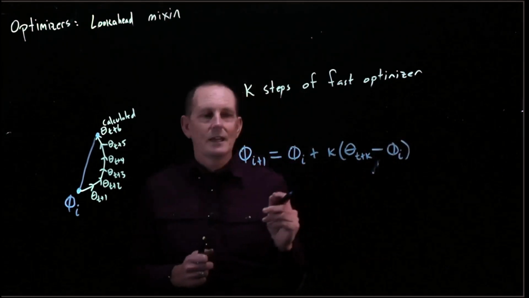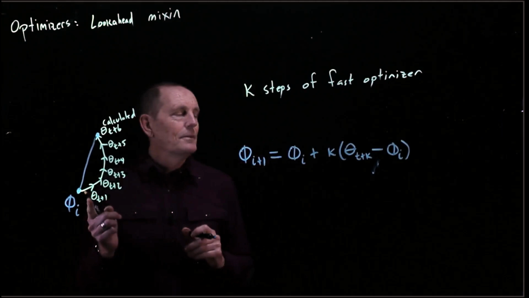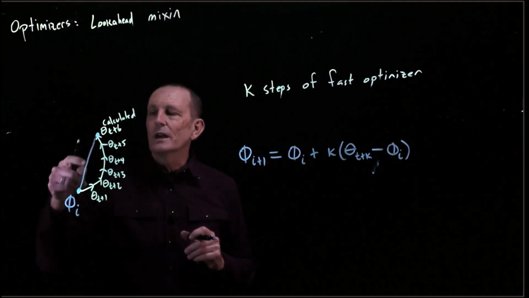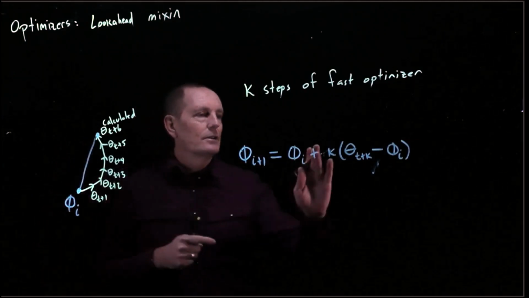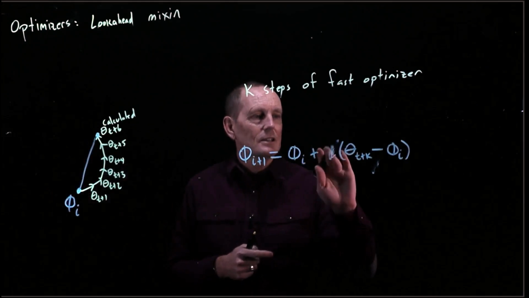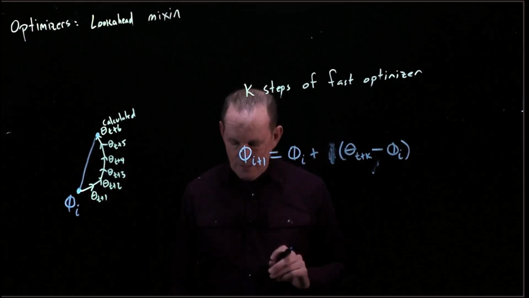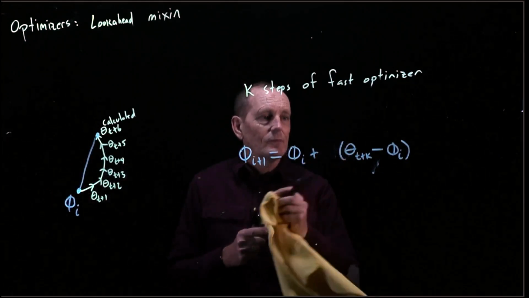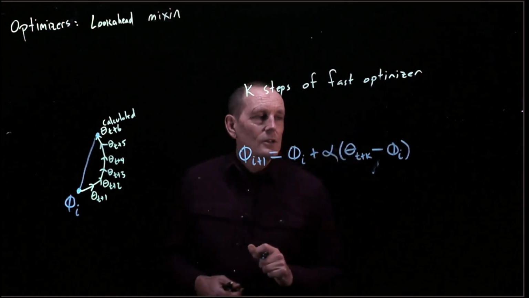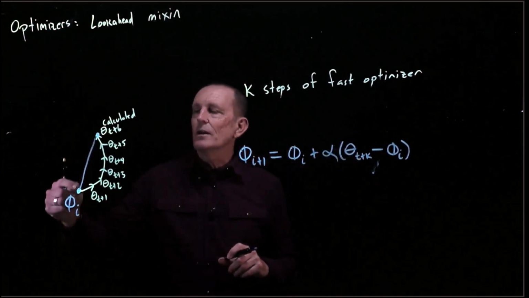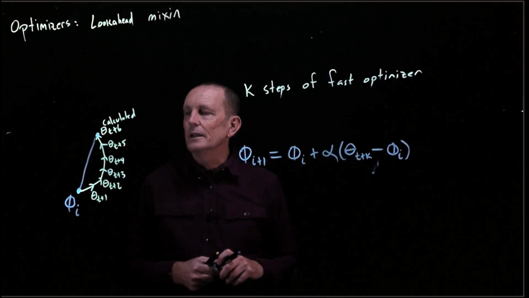All this is really saying is we're going to go a proportion of the way between here and here. I'm sorry, this isn't k, this is our alpha. Basically, it's the percentage of how much we go between here and here.